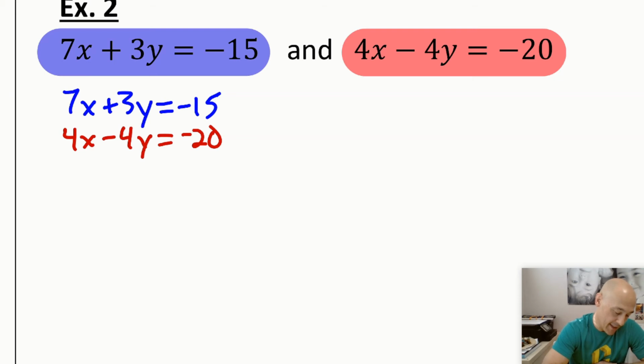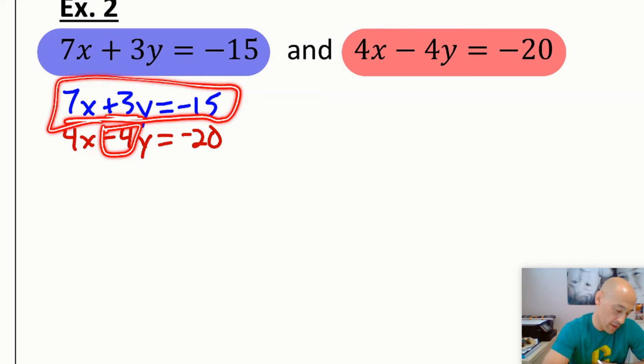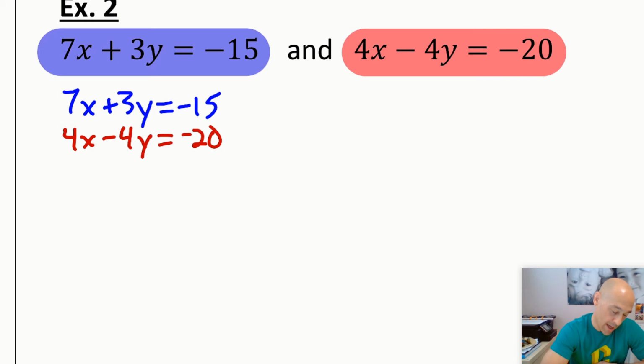There isn't anything I can multiply my coefficients by to get the other one easily. So here's the easiest way to do these kinds of problems. Decide which coefficient you want to eliminate. I'm going to eliminate my y's again. So I look right here, and that tells me what to multiply this top equation by. I'm going to multiply my top equation by 4.